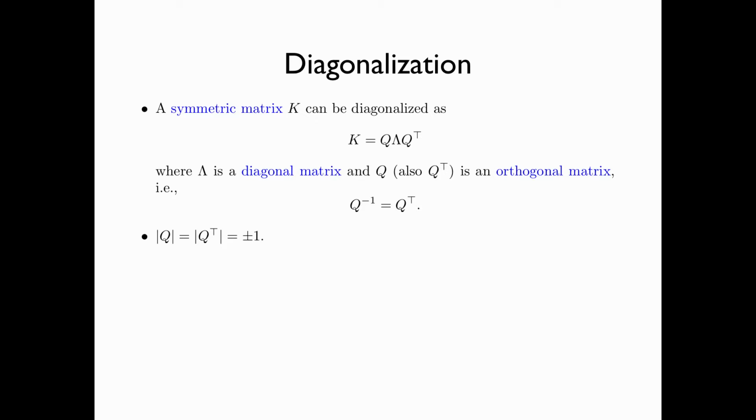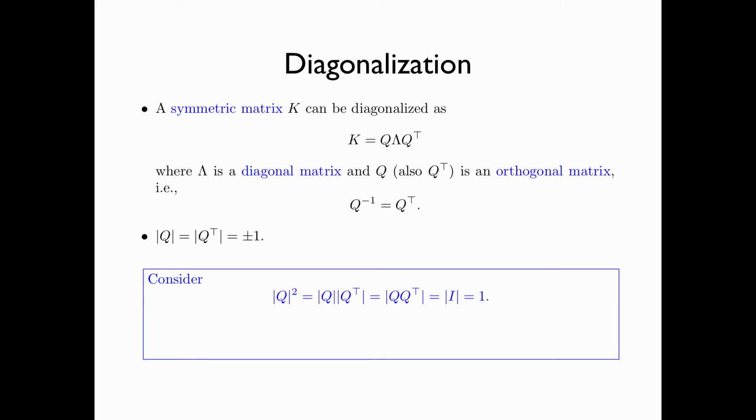Another property is that the determinant of Q, and also the determinant of Q transpose, is either equal to 1 or minus 1. Consider the square of the determinant of Q. Because the determinant of Q is equal to the determinant of the transpose of Q, this can be written as the determinant of Q times the determinant of Q transpose.